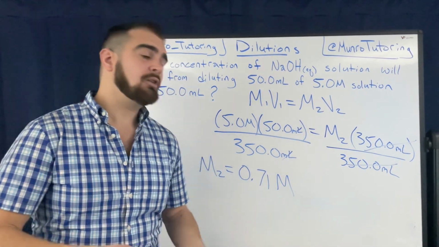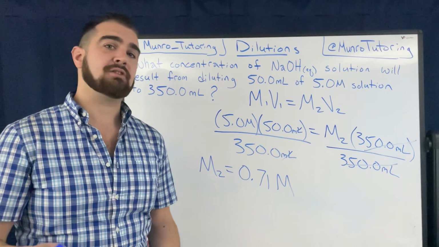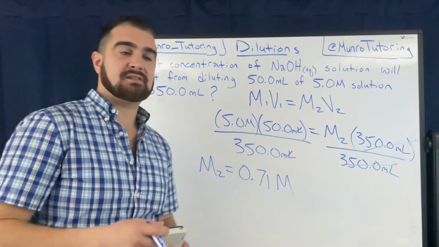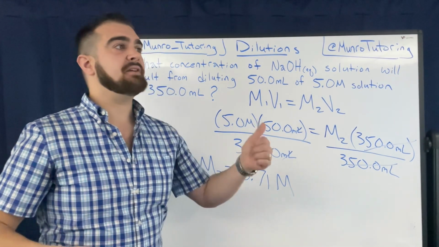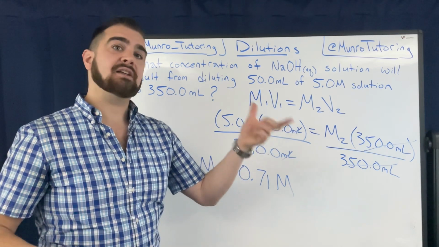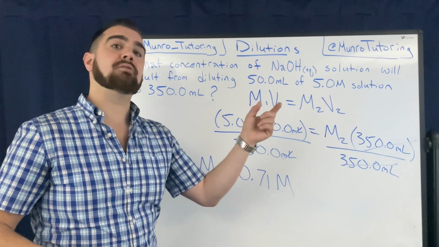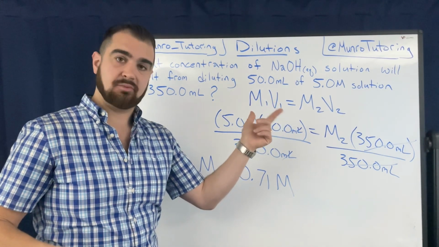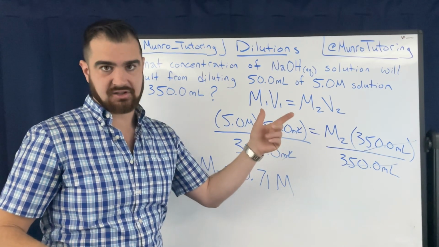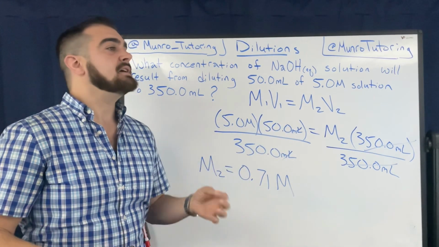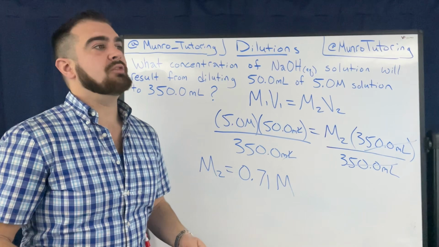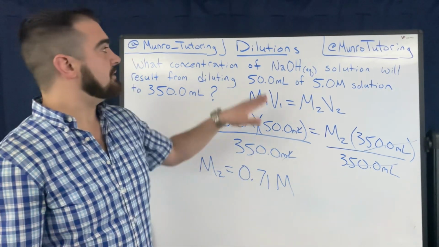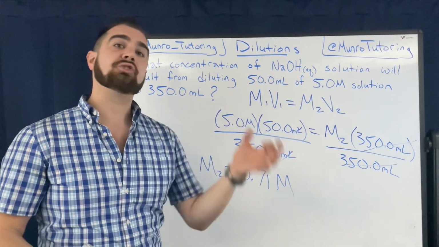Now, there's a whole different bunch of ways that they can phrase these problems. As long as you take the molarity and volume at a certain point in time and make those M1 and V1 or M2 and V2, depending on when it occurred, everything's going to work out. So you just have to figure out, okay, this volume and that concentration go together.